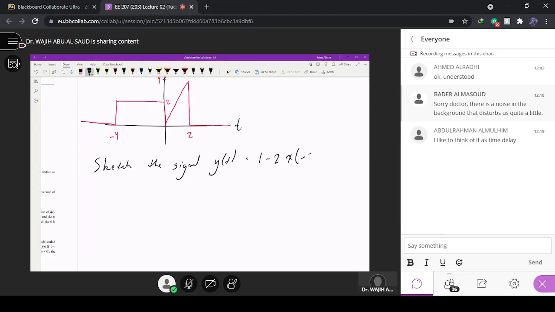Hold on, let me see. Okay, minus t divided by 2, or 0.5 t, right?